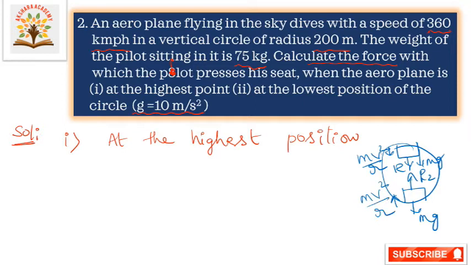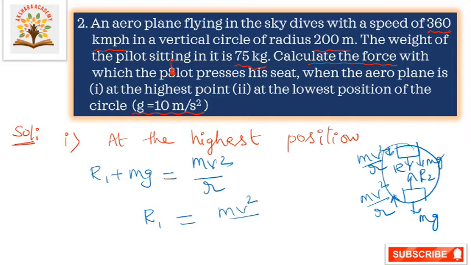Now at the highest position, R1 plus mg is equal to mv square by r. Now R1 can be written as mv square by r minus mg.